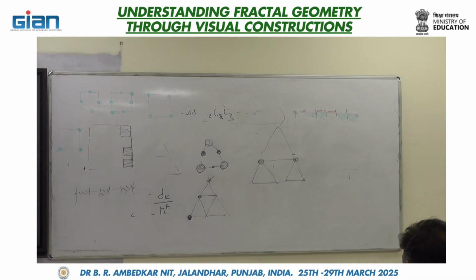For example, this is a fractal square of type A, because we have 2 opposite points here and we have 2 opposite points there. So the copies intersect on horizontal sides or on vertical sides.